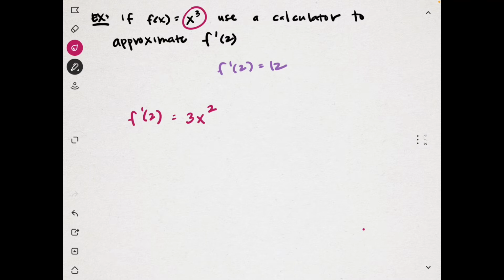We're going to substitute the 2 in here. So 2 squared is 4, 4 times 3 is 12. So the calculator mirrors what we have done if we applied our calculus and the power rule to the x cubed.